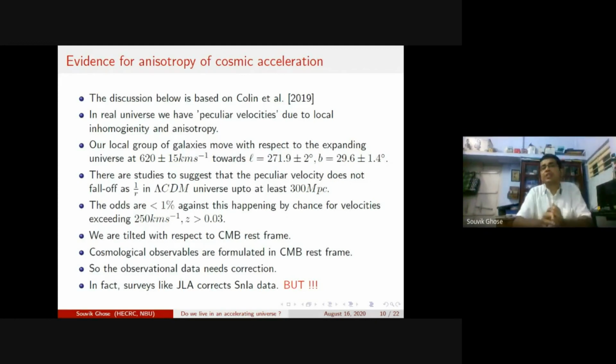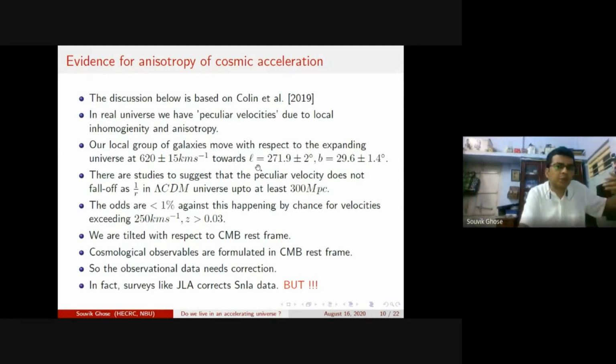In the real universe, we have peculiar velocities. What are peculiar velocities? These are local velocities on top of the cosmological expansion, because there are local inhomogeneities and anisotropy. For example, our local group of galaxies moves with respect to the expanding universe at 620 plus or minus 15 kilometers per second, towards l equal to this.